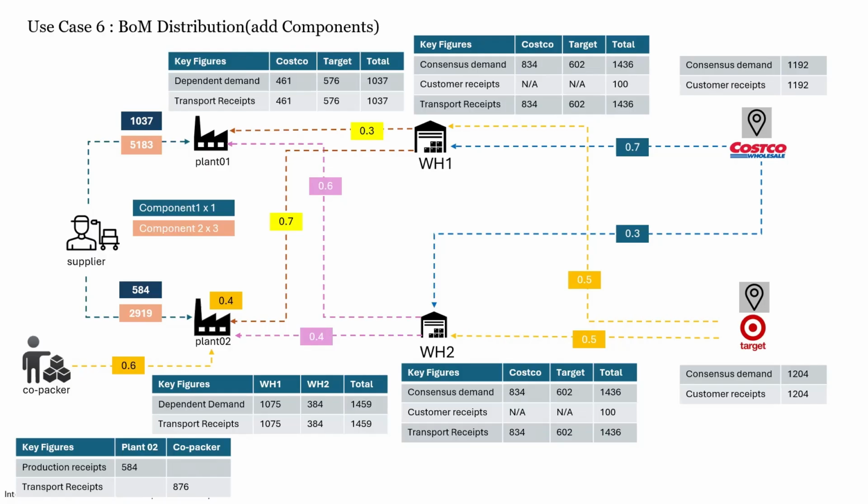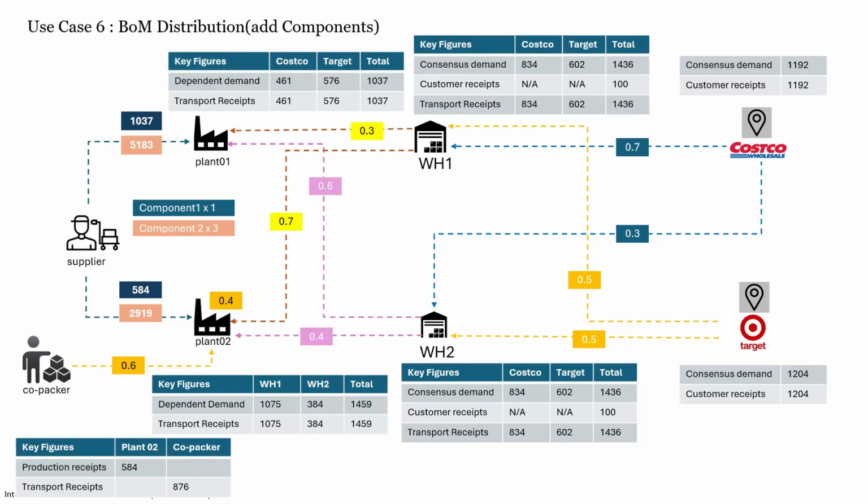Similarly, plant 1 and 2 are fulfilling the demand of warehouse 1 and 2. Warehouse 1 is getting 30% of its demand fulfilled from plant 1 and 70% from plant 2, whereas warehouse 2 is getting 40% of its demand fulfilled from plant 2 and 60% from plant 1. Also, plant 2 is co-manufacturing with a co-packer, and 60% is coming from the co-packer, whereas 40% is in-house manufacturing.